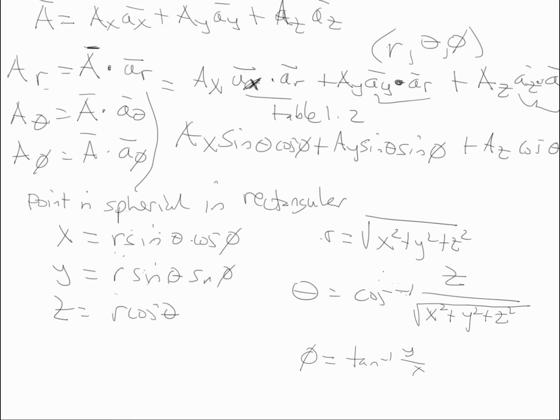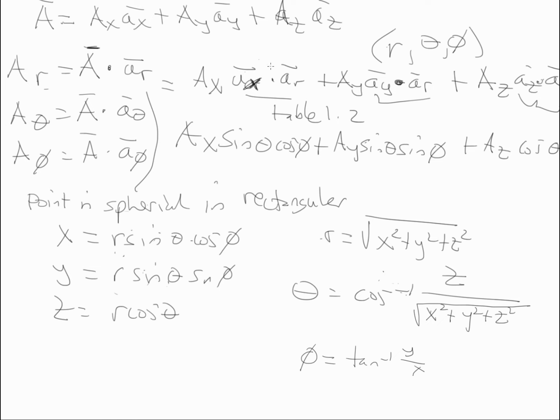So again, this side here is if you want to go from a point in spherical space to a point in rectangular space, and this is if you want to get a point in cylindrical to a point in spherical.